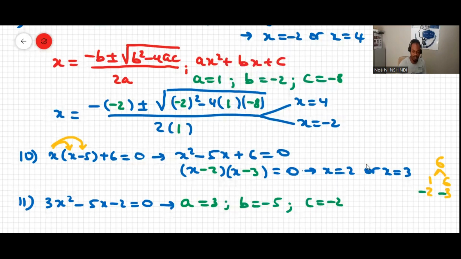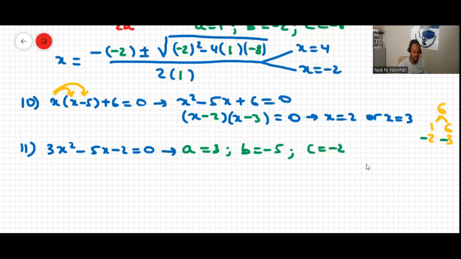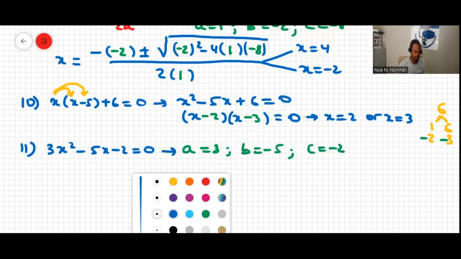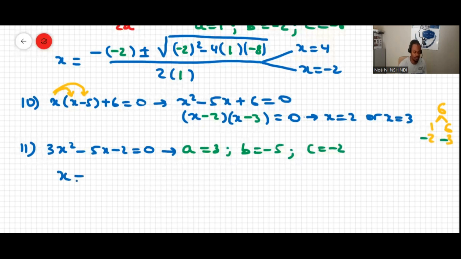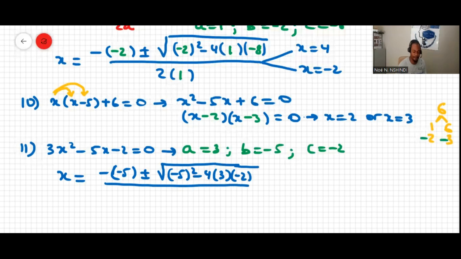using the quadratic formula, x equal to -5 plus or minus the square root of -5 to the power of 2 minus 4ac, all over 2a.